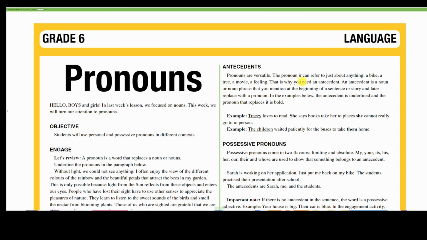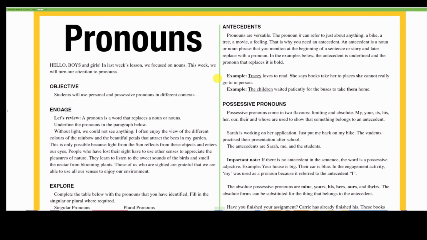Antecedents. Pronouns are versatile. The pronoun it can refer to just about anything: a bike, a tree, a movie, a feeling. That is why you need an antecedent. An antecedent is a noun or noun phrase that you mention at the beginning of a sentence or story and later replace with a pronoun. In the example below, the antecedent is underlined and the pronoun that replaces it is bold.